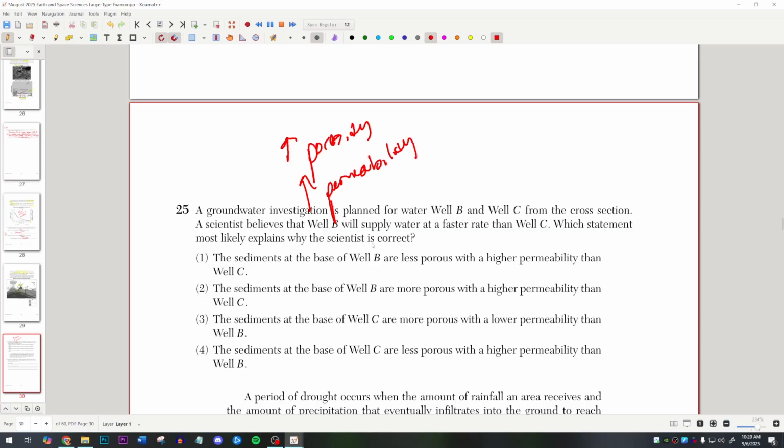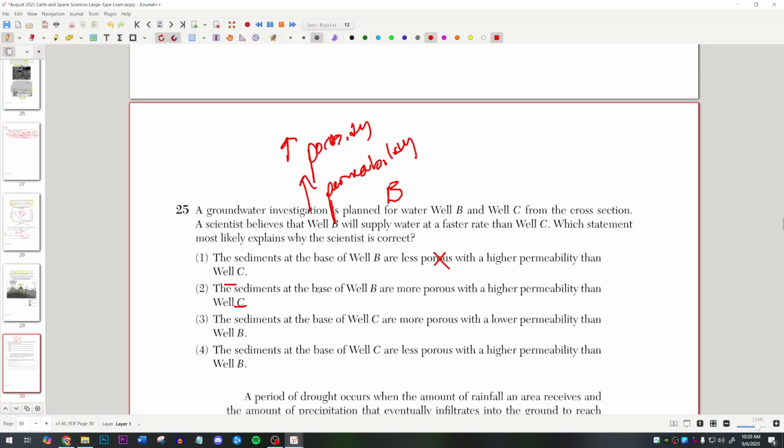So let's see. We want B to be faster. It's telling us about C, which is the opposite, which can also be true. So let's just read each one. Sediments at the base of B are less porous, with a higher permeability than well C. Those don't go together.